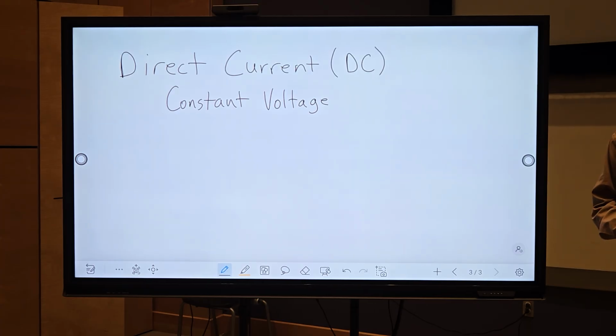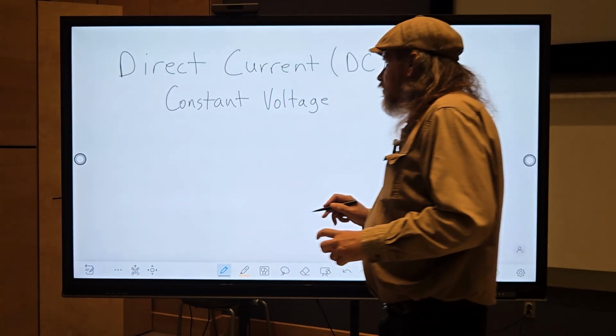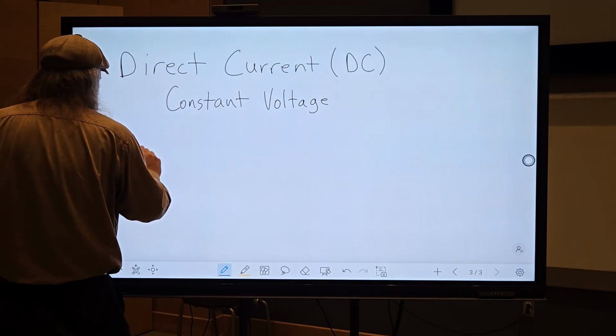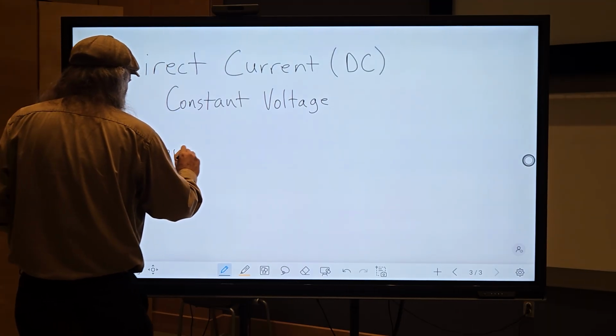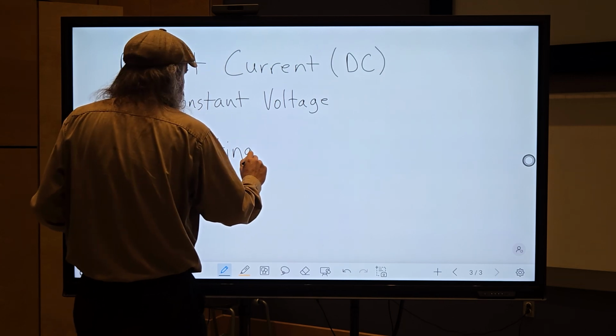Voltage is measured as a difference between the positive charge and ground, positive and negative. So alternating current is not a constant voltage.